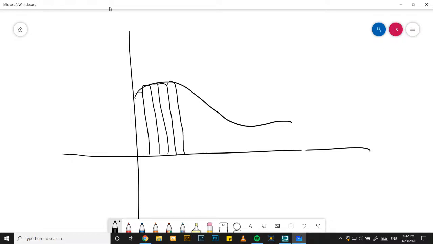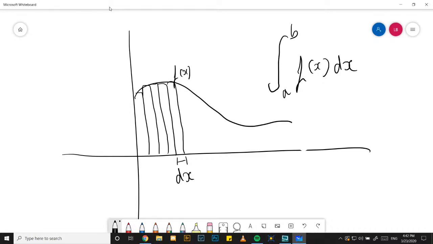Each of these blocks has a width of dx, and each has a height of f of x. So the area of each of these blocks is f of x times dx. And then we take all of these blocks and we sum all of them from a to b, so any area that we want from a to b.